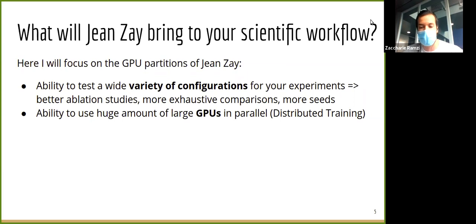And I think that what I will say here does not only apply to Jean Zay specifically, but also to any sort of HPC that you could have access to, which in Europe, for example, would be the PRACE call for projects.